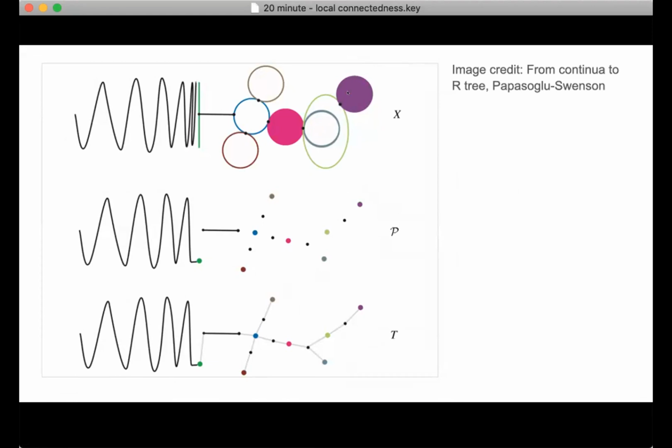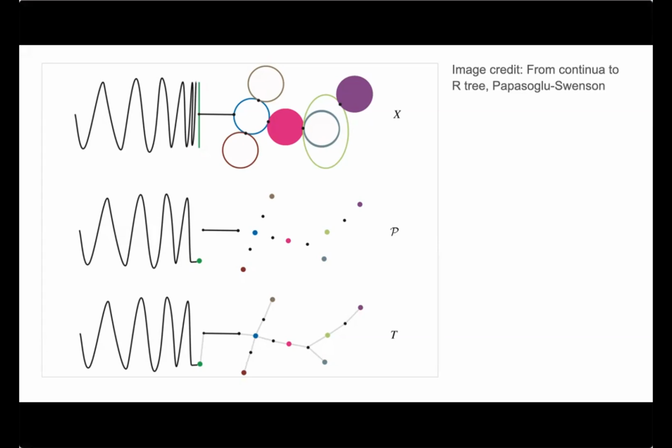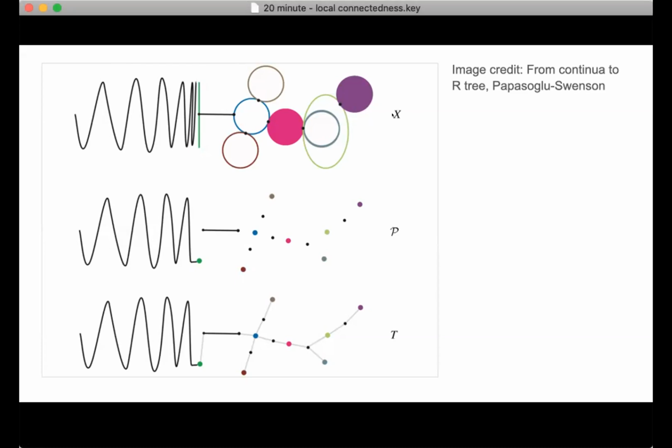And if two points cannot be separated by a cut point, then those are equivalent points. That induces an equivalence relation on X. So this particular big ball reduces to one point.